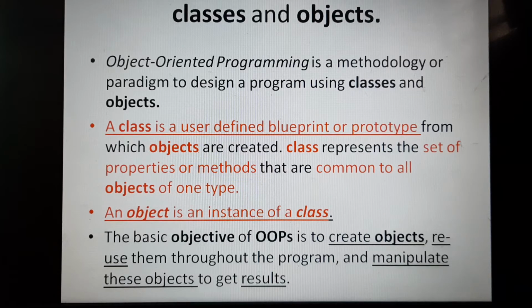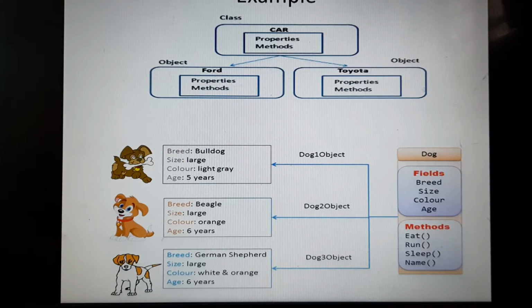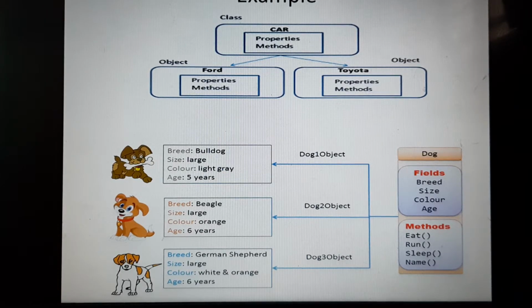Now this is the basic concept of class and object. Now how do we define the class? Whenever we want to understand class and object in our real-time world, we can take an example. Suppose car is the class, that means a prototype. So class car has some properties and methods.